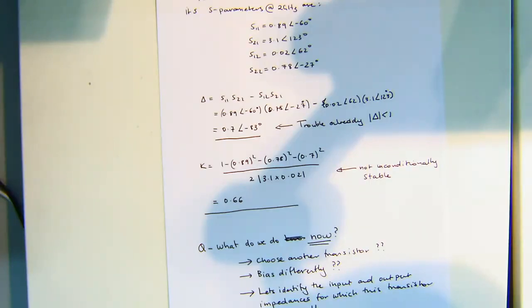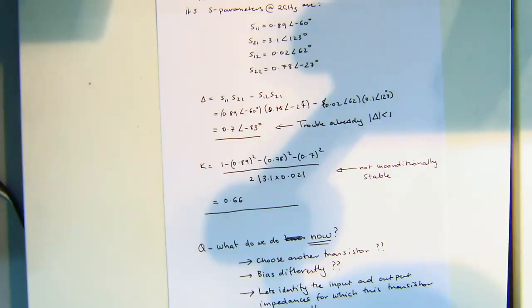Bob's our uncle, right? We get a transistor, we fail the K delta test, what do we do? Do we stop? Well, we can, or we can say, well, look, there could potentially be load and source impedances for which this is stable, so let's continue now in order to work out the stability circles. And that's what we're going to do now.